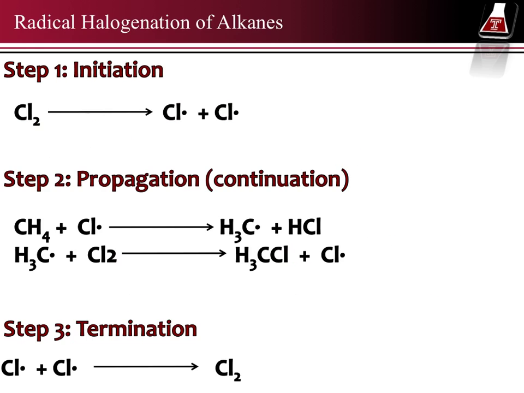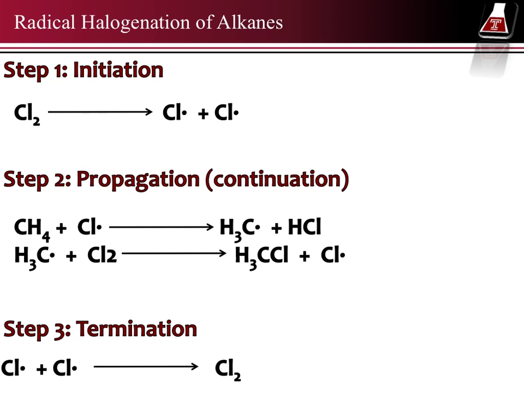Here is our summary of our monohalogenation of methane. This is a simplified version. You can keep chlorinating the methyl group, and so you could make tetrachloromethane using this method. It's actually very hard to control.